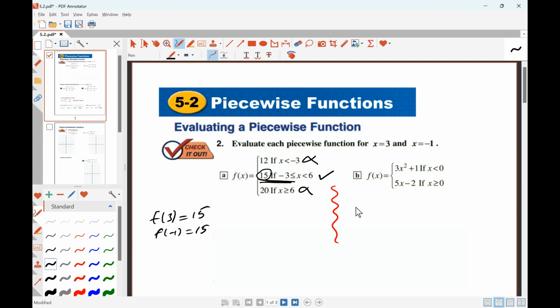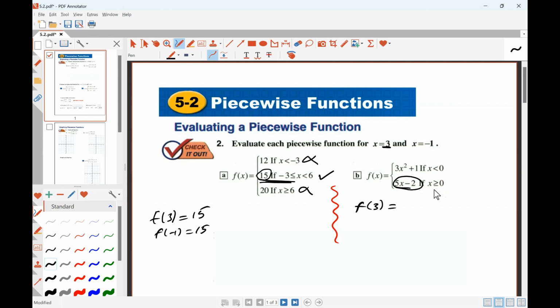We can't do this. We have a particular function for values greater than 0 or less than 0. Is 3 less than or greater than 0? 3 is greater than 0, so I will be using the second function. So this is the case I am looking for.